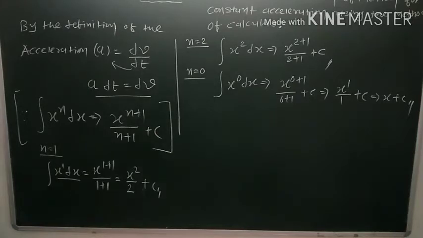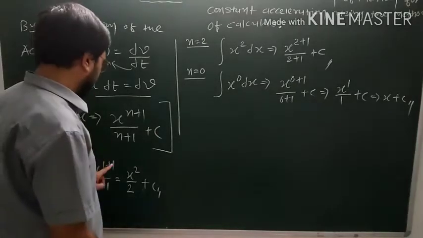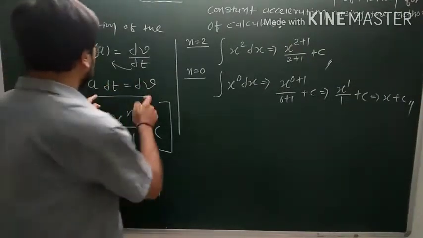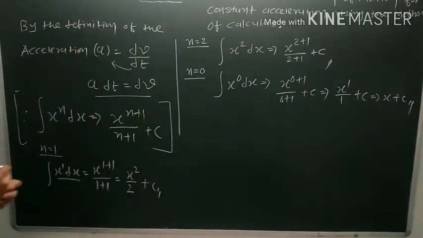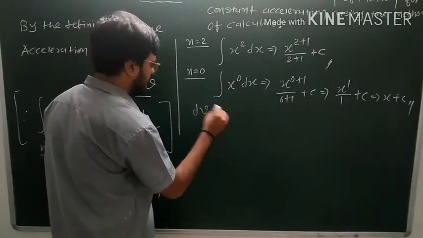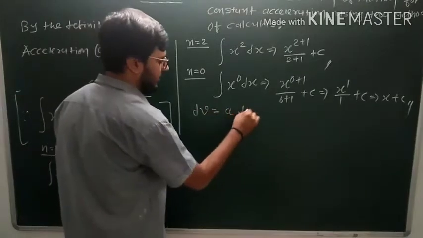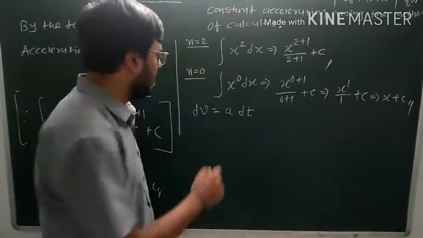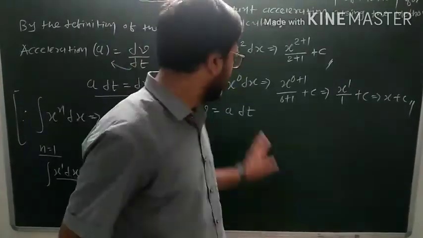Now we integrate this particular term. First of all we arrange it: dv equals a into dt. Here dv is the change in velocity, dt is the change in time, and a is acceleration.